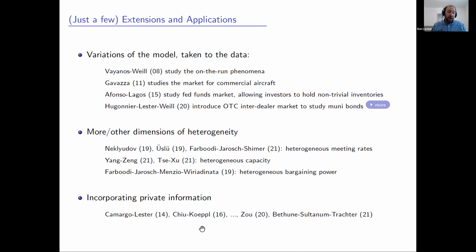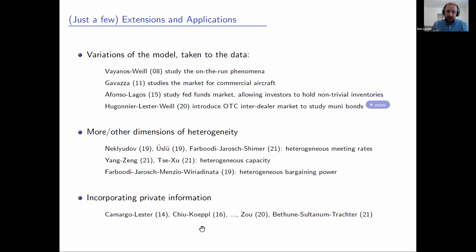Julian, Pierre, and I published a paper, I think it's 2020, I should know this, in Restud, where we took the benchmark model that I just showed you and thought of that as the interdealer market in the muni bond market. And so we had a hybrid between last week and this week. We had customers who transitioned back and forth from wanting to buy and sell. And then we had this pure decentralized market which we think of as the interdealer market in the muni bond market.